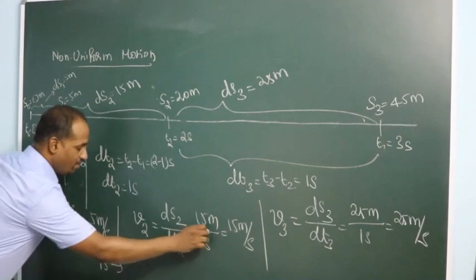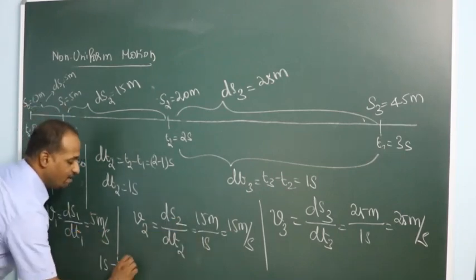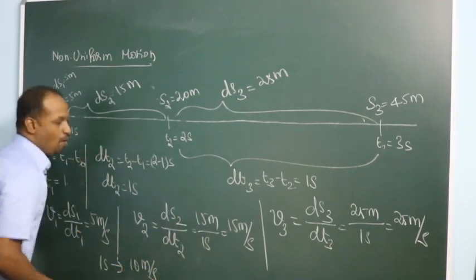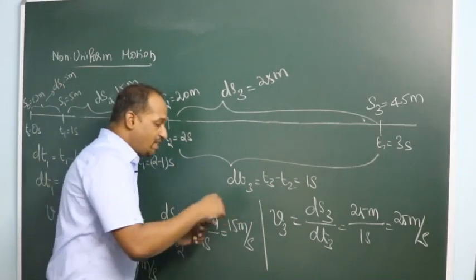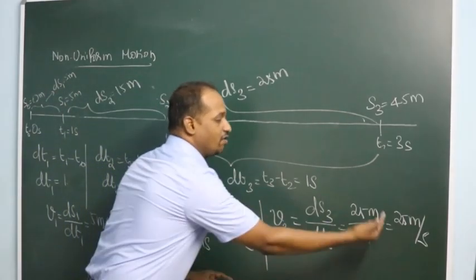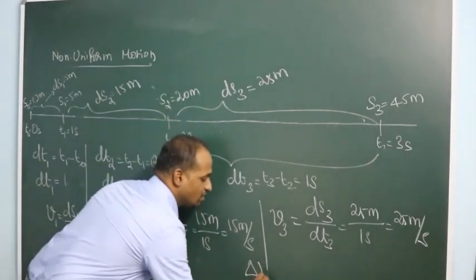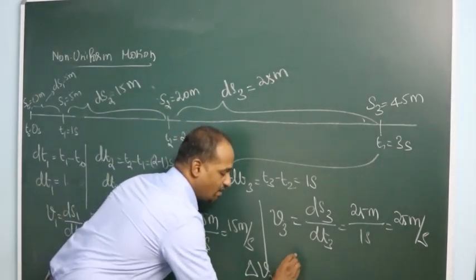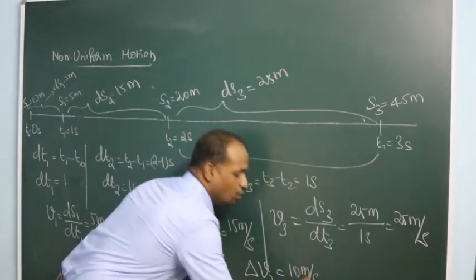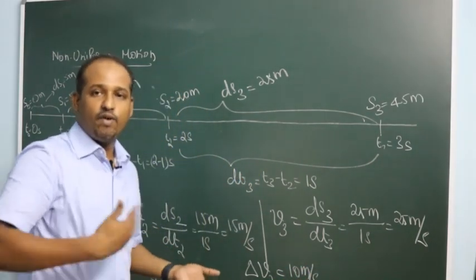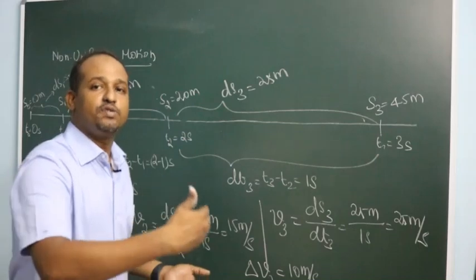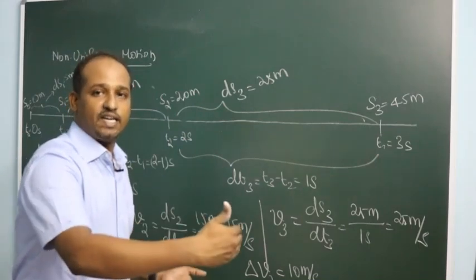It is 15 meter per second minus 5 meter per second, which is 10 meter per second. What is the change in velocity between the second and the third second? 25 meter per second minus 15 meter per second. So the change in velocity 2 is again 10 meter per second. It seems that every 1 second the velocity changes by 10 meter per second.